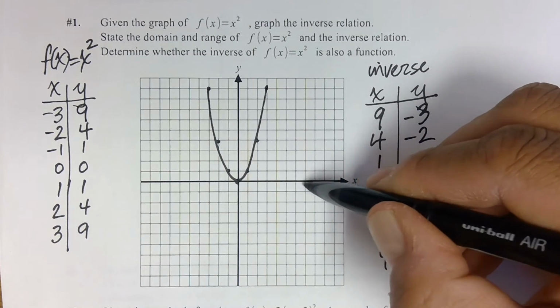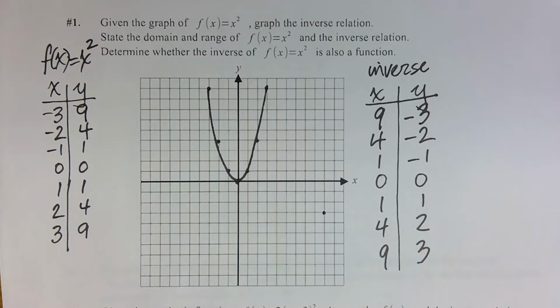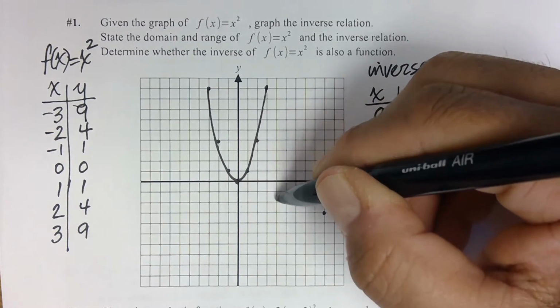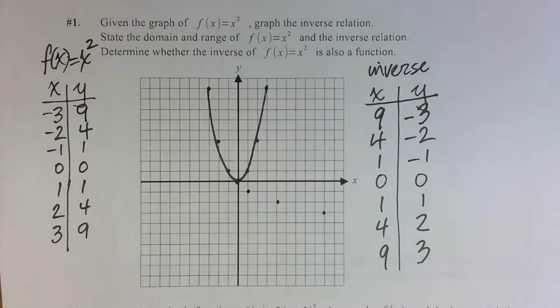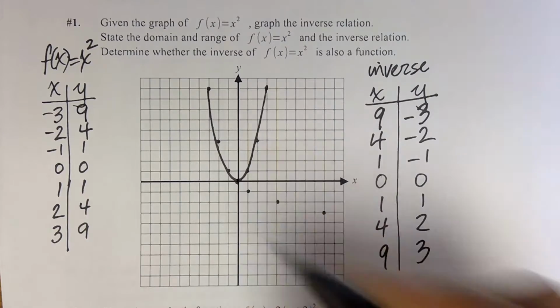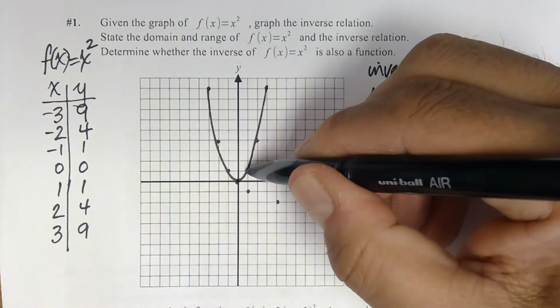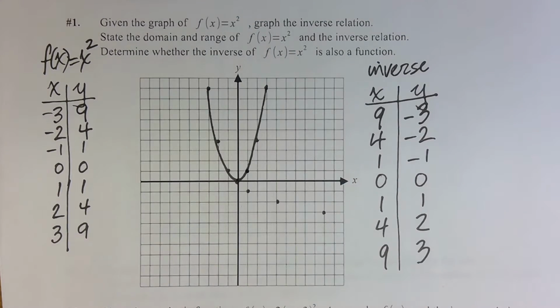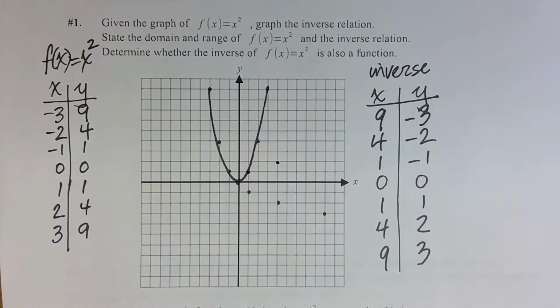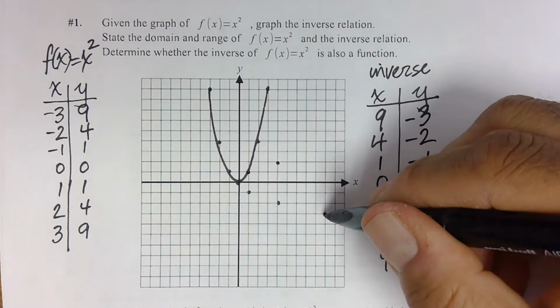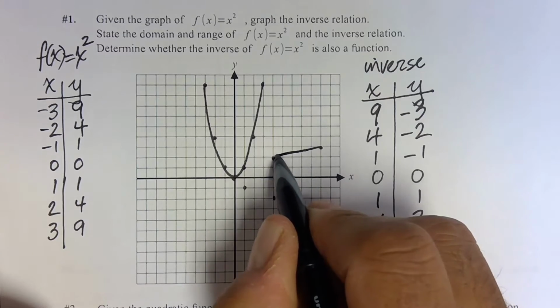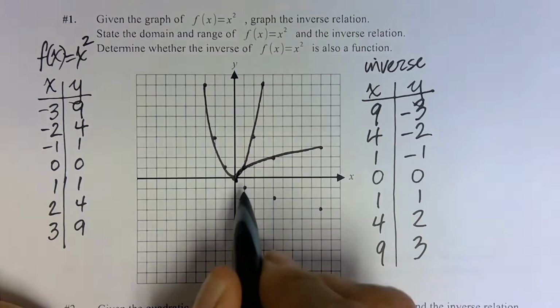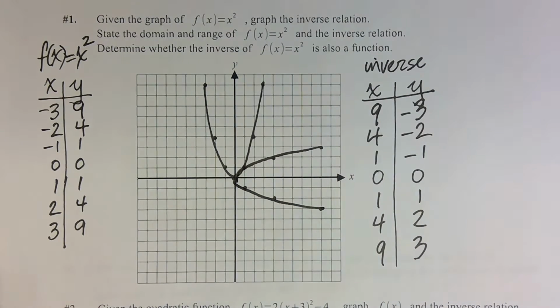So 9, -3, 4, -2, 1, -1, 0, 0, 1, 1, 4, 2, and 9, +3. Your original opens up, your inverse opens to the right.